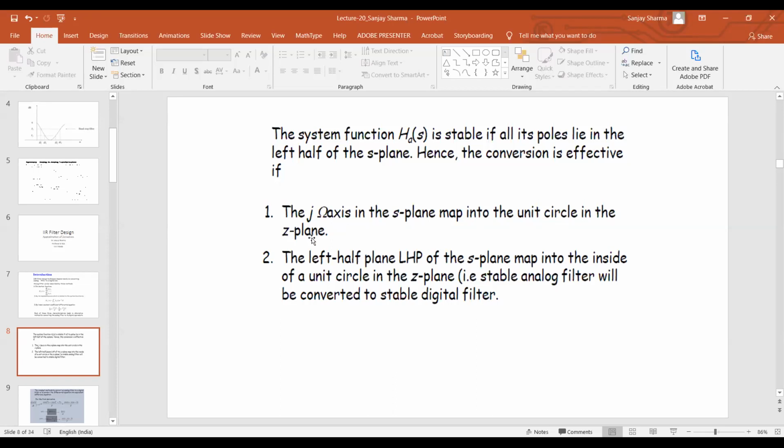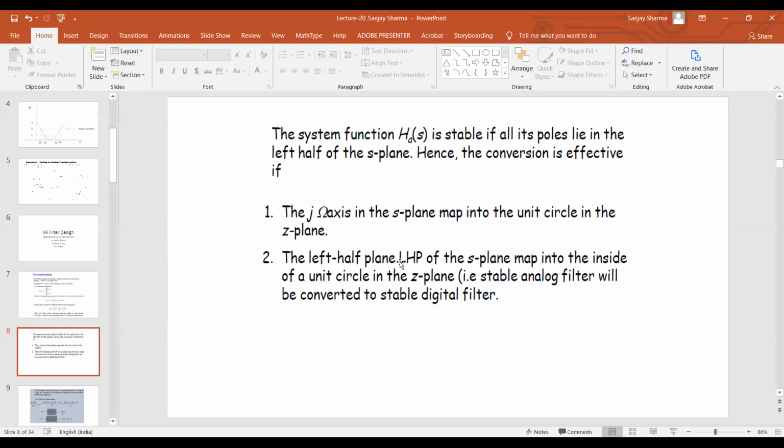Everything on the left of the j omega axis will come inside the unit circle, and everything on the right side of the j omega axis will go outside the unit circle. So there is a complete analogy between the poles lying on the left half of the S plane going inside the unit circle, and poles lying on the right side of the j omega axis going outside the unit circle.